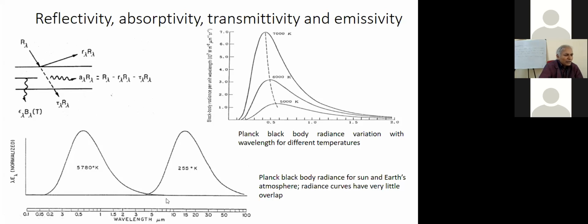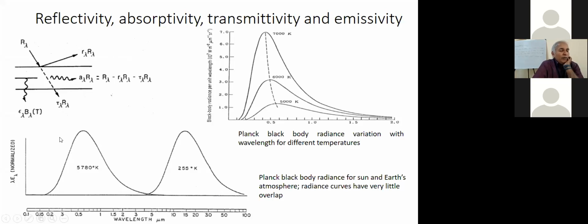What you get to see in this is that the Planck blackbody radiation distribution received from the sun and the Planck blackbody radiation radiated by the terrestrial Earth atmospheric system have very little overlap. The terrestrial radiation from the Earth atmospheric system is what we call longwave radiation, because it is completely in the infrared part of the electromagnetic spectrum.